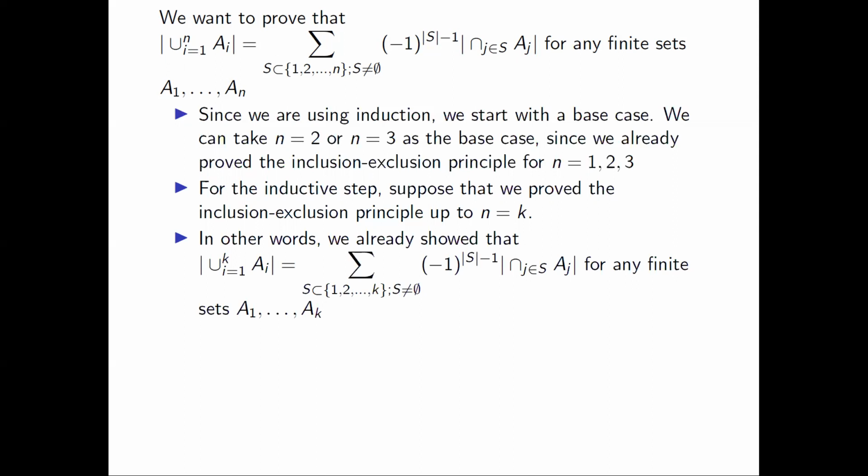In other words, for any finite sets A1, A2 up to Ak, the cardinality of the union of the Ai's is equal to the sum over the non-empty subsets S of {1, 2, up to k} of (-1) to the cardinality of S minus 1, times the cardinality of the intersection over all j in S of the Aj's.